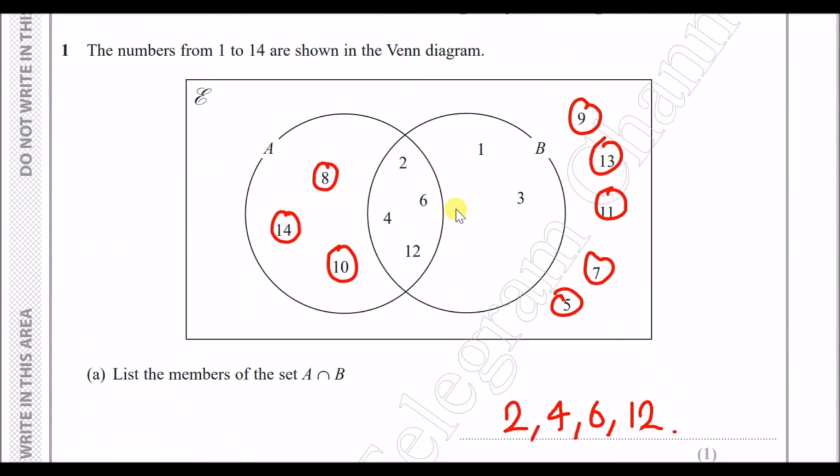It's always good to write in order, by the way. So let's start with 5, 7, 8, 9, 10, then 11. What's after 11? 13 and 14. Okay, now the next one.